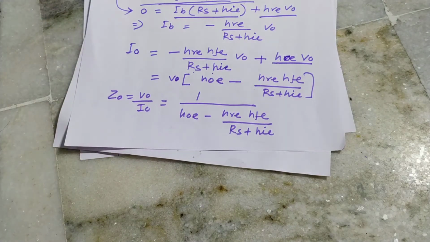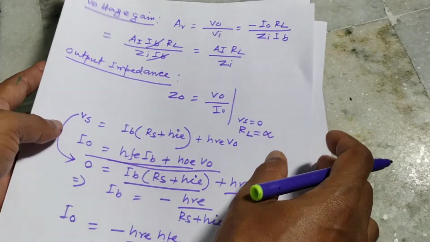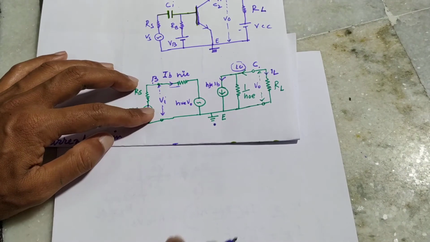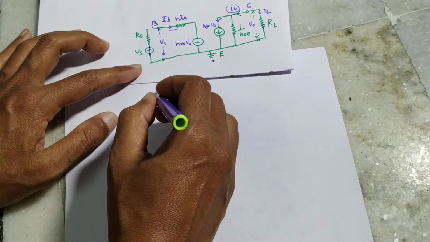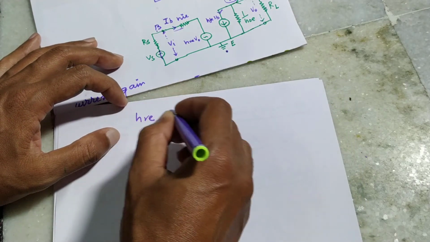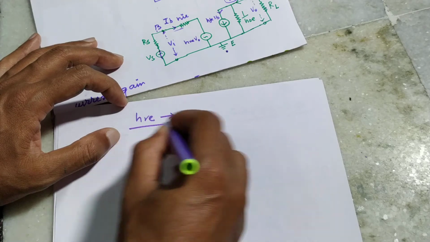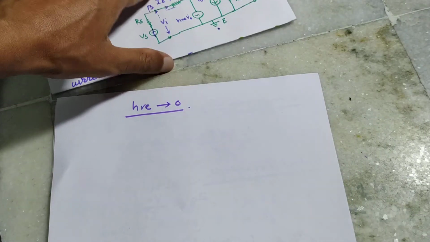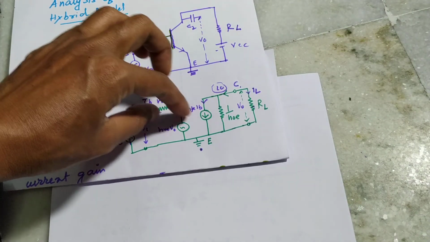We can also simplify the hybrid parameter AC equivalent circuit, because the value of HRE is very small, tends to 0. Okay, so you can neglect the voltage source.